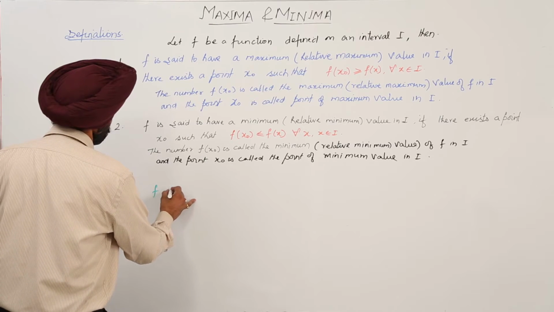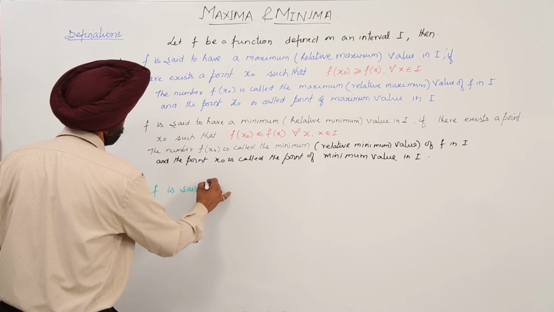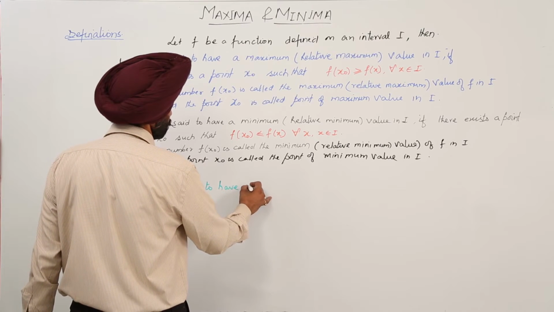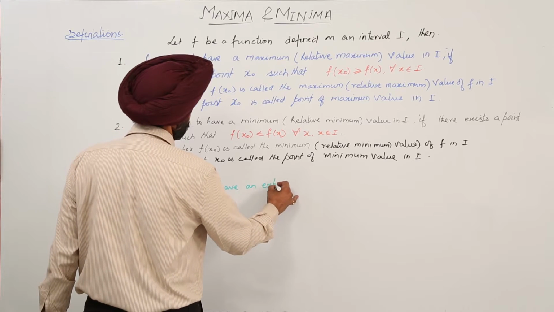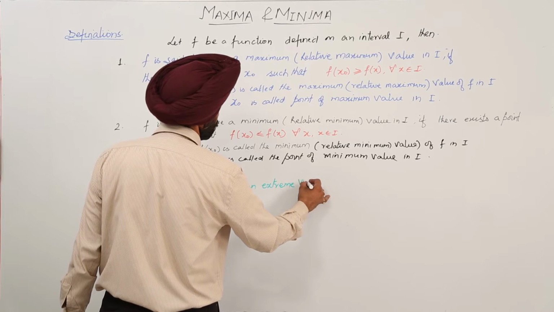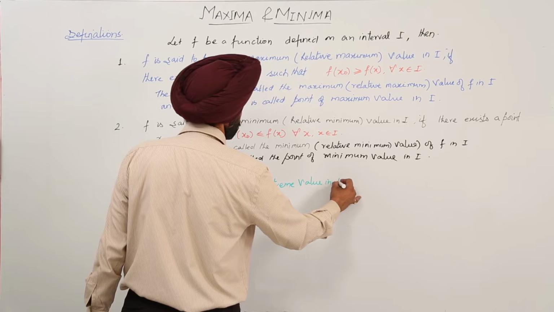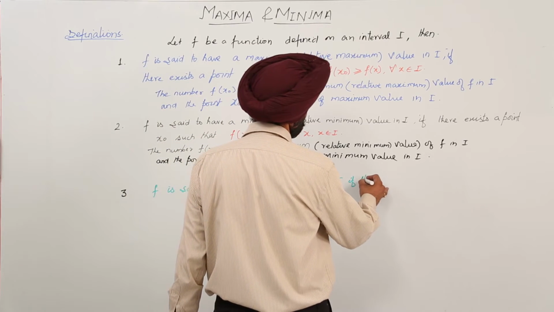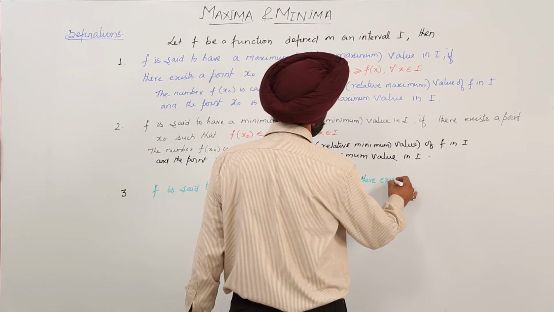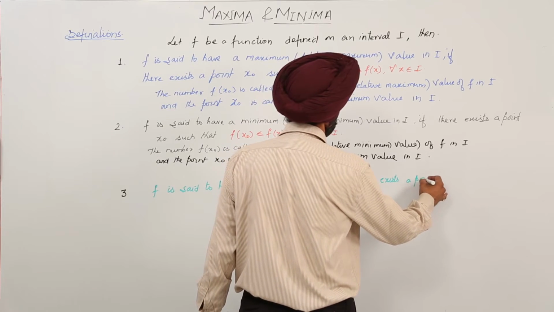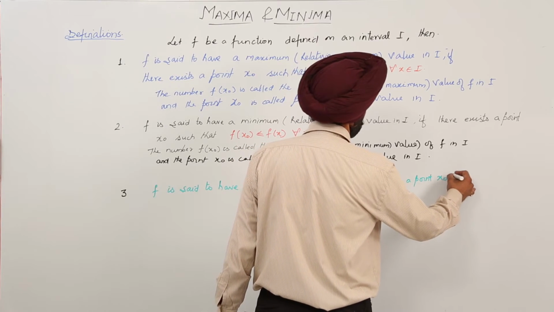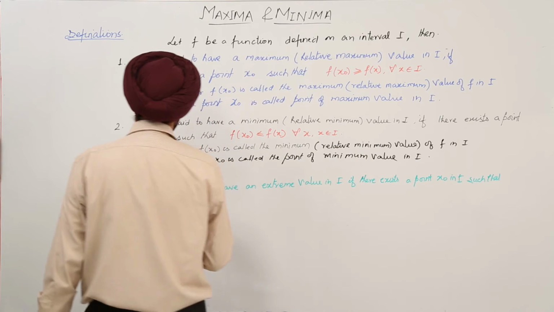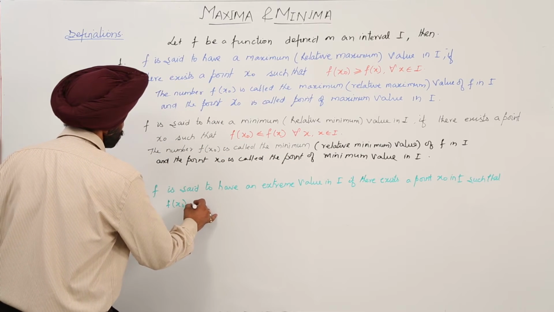F is said to have an extreme value in I if there exists a point x0 in I such that f(x0) is.